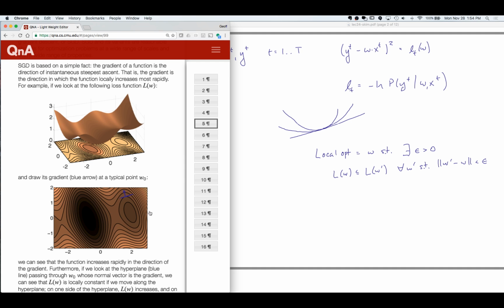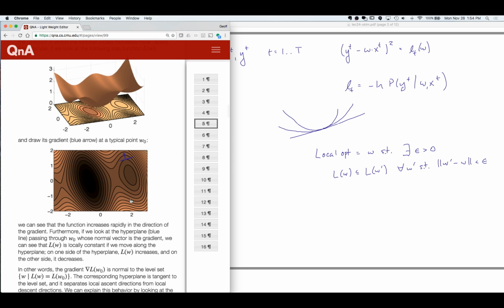That gradient is going to be a direction in which the function is increasing rapidly. And if you look at the hyperplane that's normal to the gradient, which is this blue line right here, that hyperplane is, at least locally, a place where the loss is constant. If you're on this side of the hyperplane, the function is increasing, and if you're on this side, the function is decreasing, again, locally.